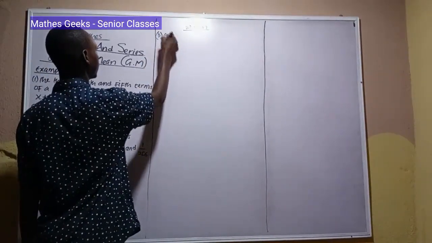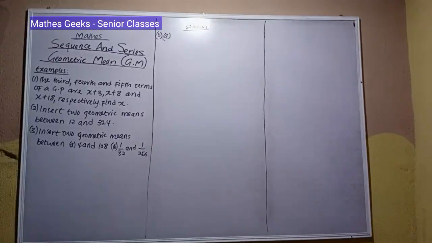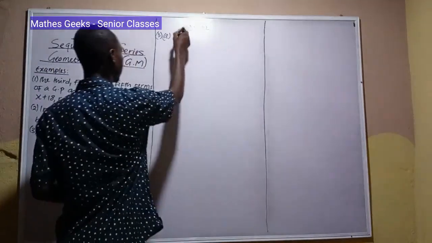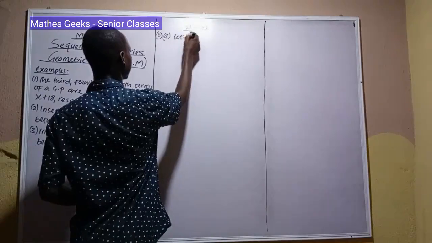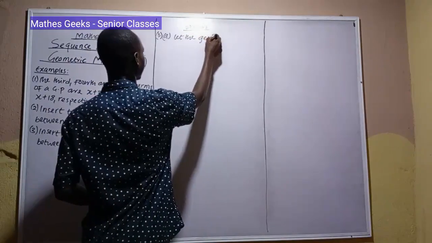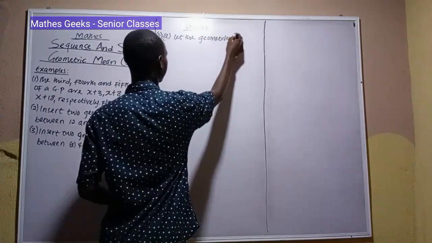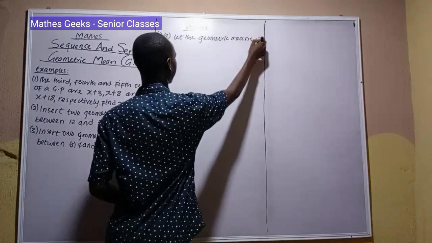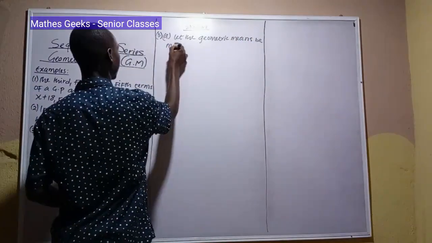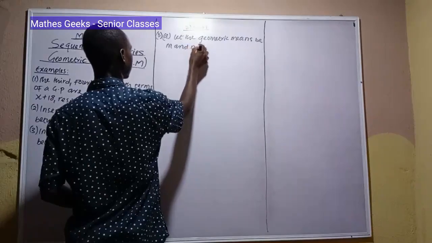Insert two geometric means between 4 and 108. So let the geometric means be m and n.